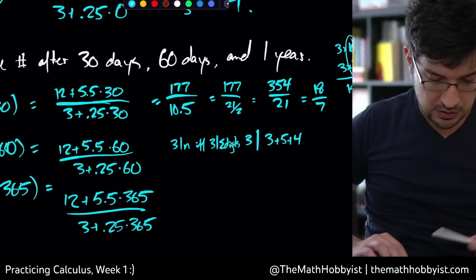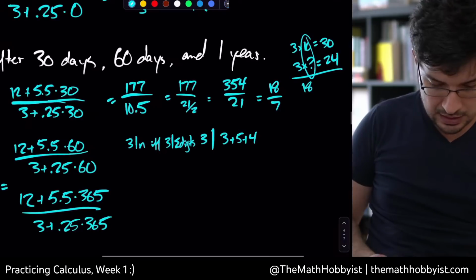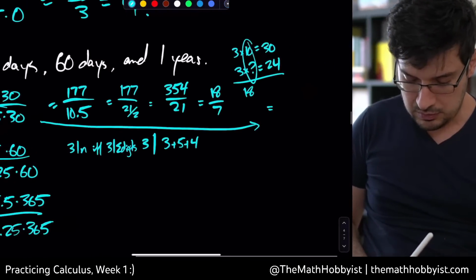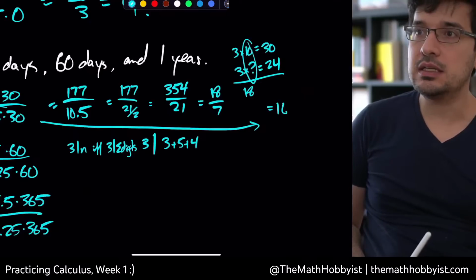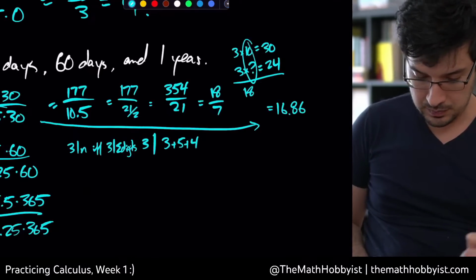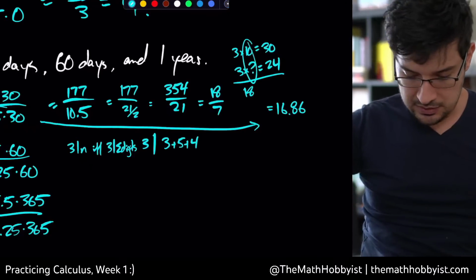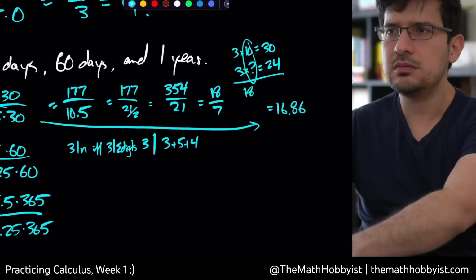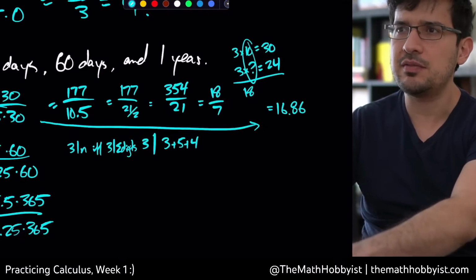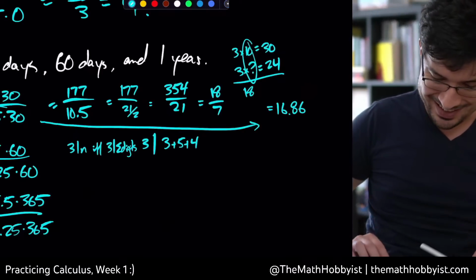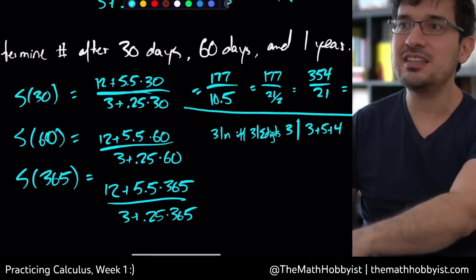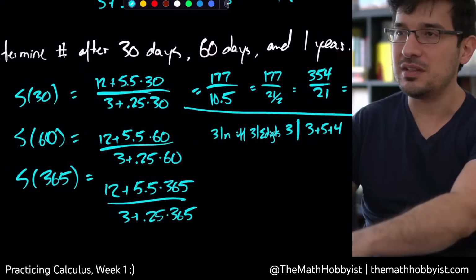If I plug this into the calculator directly, I got 16.86. If I do 18 divided by 7, no, well, let's see what happens. Nope, I did it wrong. Did I type the original thing in right? 18 divided by 7 is totally different.